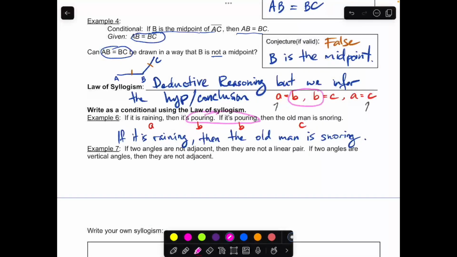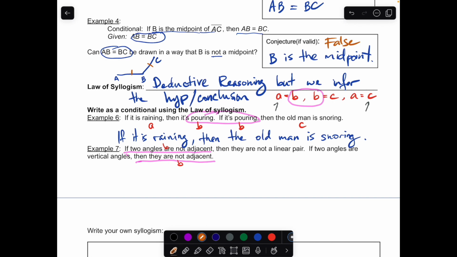Now let's look at example 7. If two angles are not adjacent, then they are not a linear pair. If two angles are vertical angles, then they are not adjacent. So let's look for something that repeats. Not adjacent, so they being the two angles. These are actually our B's right here. So if two angles are vertical angles, then they are not a linear pair.